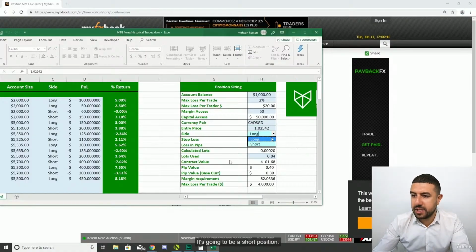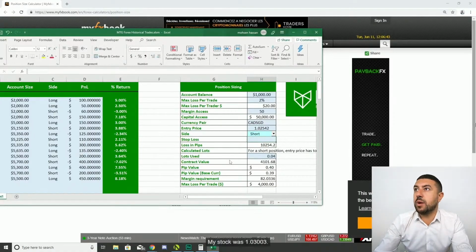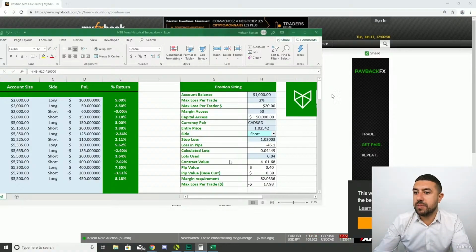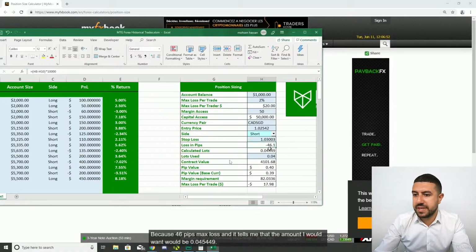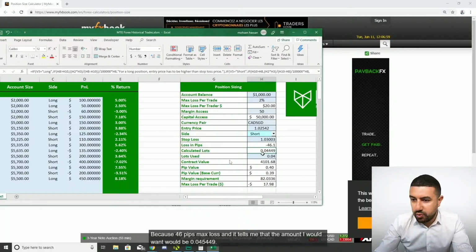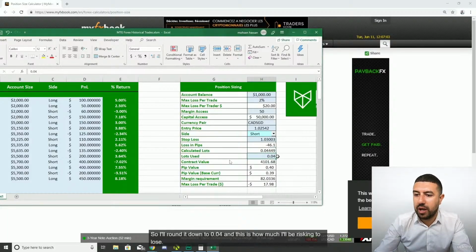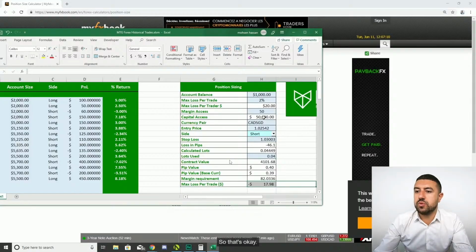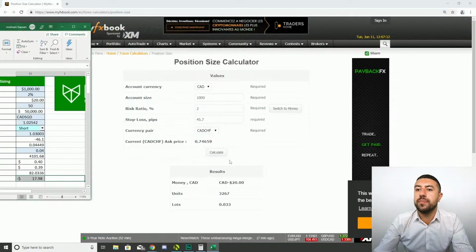That's my entry price. It's going to be a short position. My stop loss is going to be 1.03003. So here 46 pips max loss, and it tells me the amount I would want would be 0.045449. So I'll round it down to 0.04, and this is how much I'll be risking to lose. So that's okay. So 0.04.